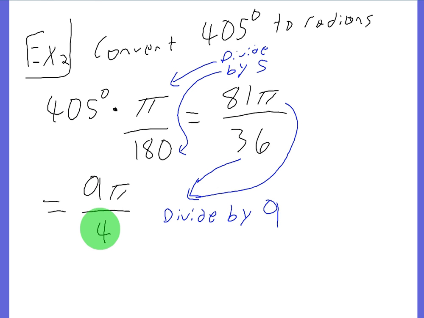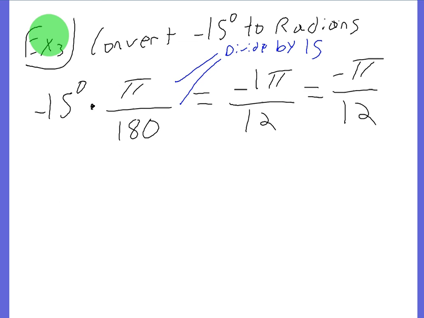Final answer is 9 pi over 4 radians. Now, this is not a standard angle, but it is equivalent to 405. So the point of this example is it doesn't have to be between 0 and 360 in order to convert. If you notice, you could have just divided top and bottom by 45, and you still would have got 9 pi over 4 radians.